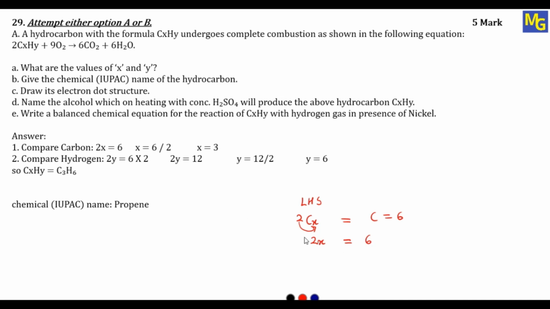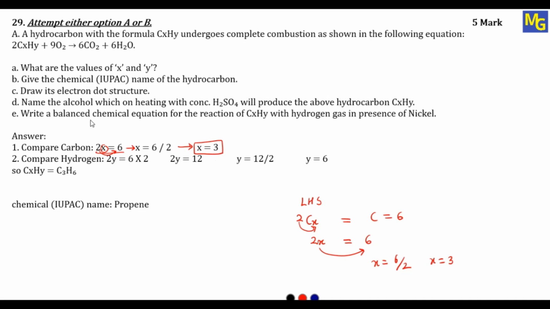And therefore I have written here 2x is equal to 6. To find out this x, we have to shift the 2 to the other side. It becomes x is equal to 6 divided by 2, and x is equal to 3. And by doing this, we got the answer that x is equal to 3.